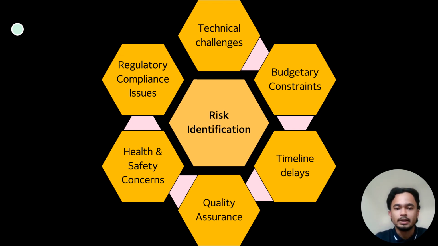The first one is technical challenges, and then budgetary constraints, which refers to the limitation of the budget by the sponsor, and then timeline delays, and this refers to any problems that occur at site which will affect the completion time of the project. And then next is quality assurance, health and safety concerns, and lastly regulatory compliance issues.